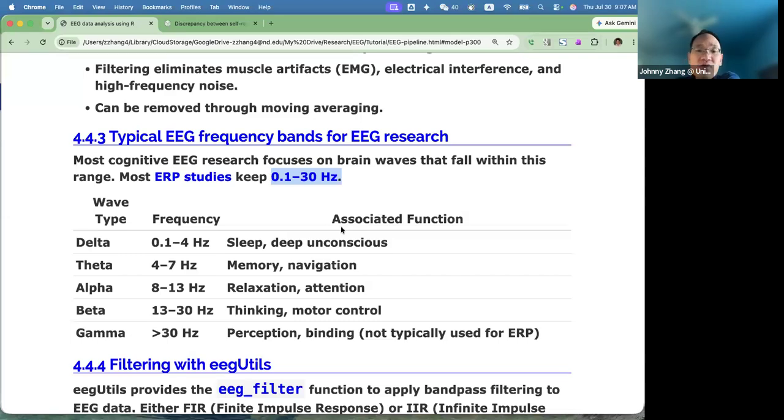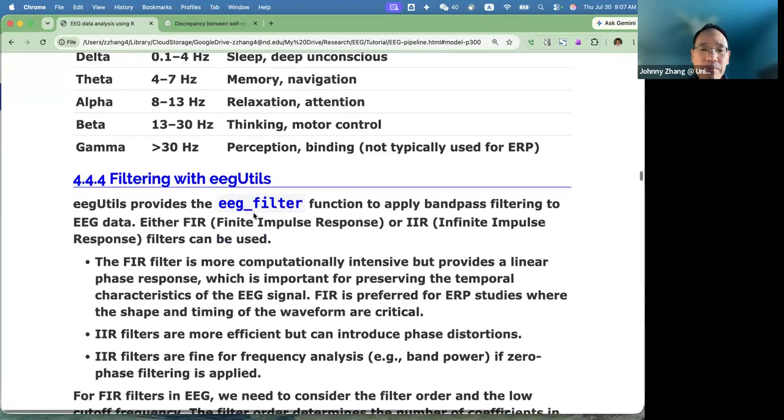So how to remove frequencies below 0.1 hertz and above 30 hertz? We can use different filters. For example, we can use FIR or IIR filters.